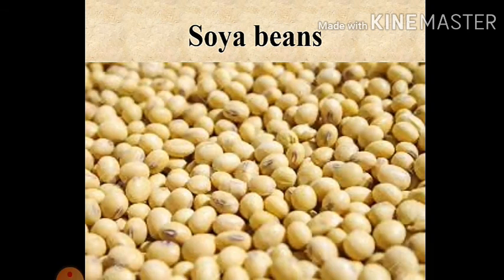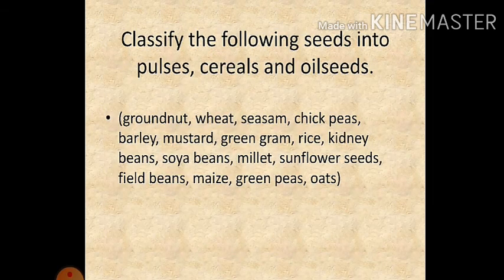Hopefully you have understood the process of germination of seed. You have understood what are pulses, cereals and oil seeds. In the last session we had done this classification table, okay, where we had divided all these seeds into pulses, cereals and oil seeds.